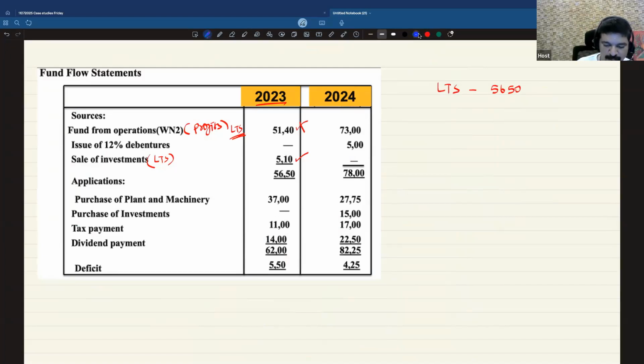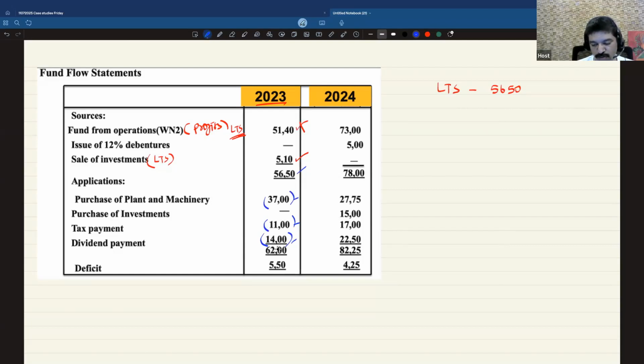Now, they have used this money for three different purposes: purchasing plant and machinery, paying taxes, and paying dividend. Position yourself as the finance manager or the business owner. You have long-term funds of 5,650.